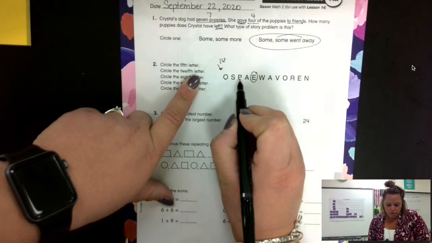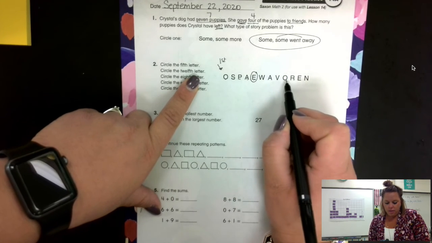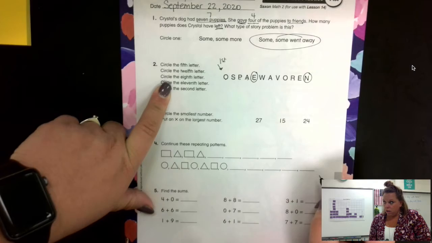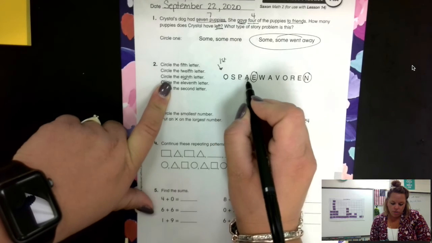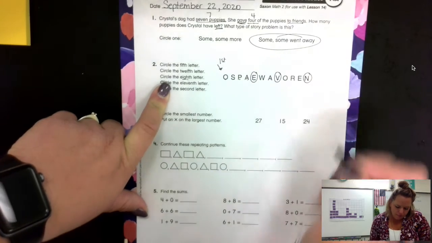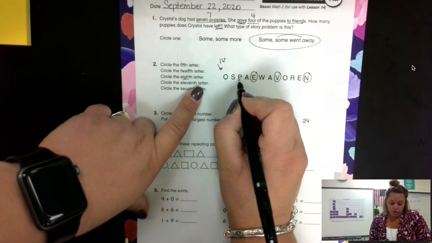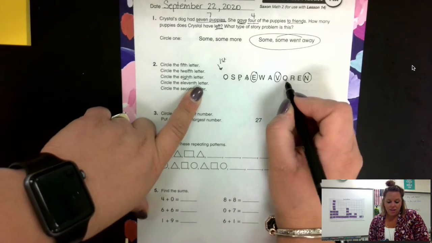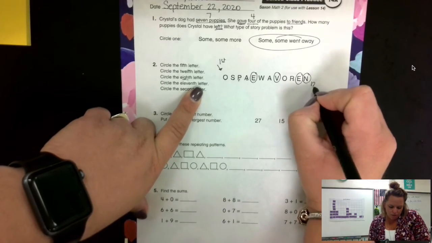First, second, third, 4th, 5th, 6th, 7th, 8th, 9th, 10th, 11th, 12th.